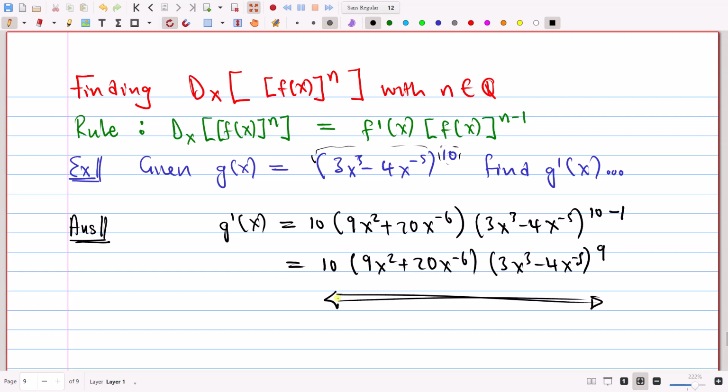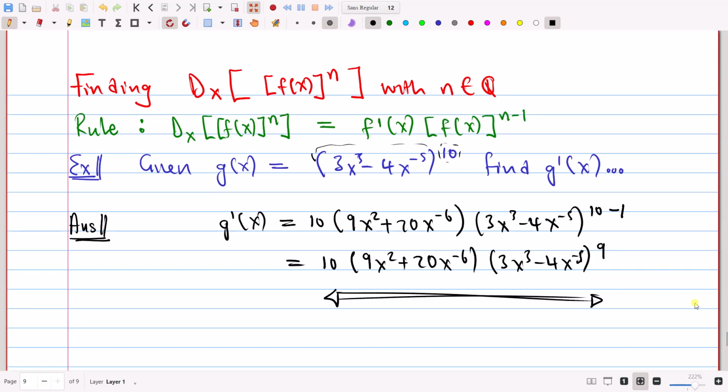That's how you differentiate a function that has been raised by a certain exponent. Every time you have a function raised by an exponent, these are the steps. But let's repeat them on another example.